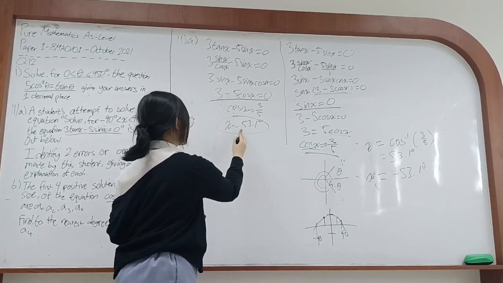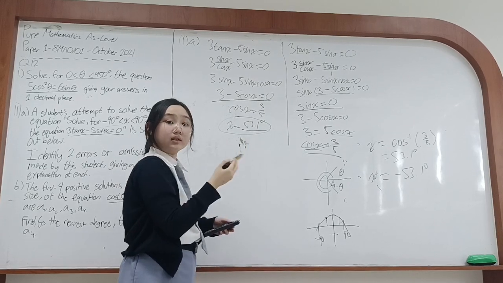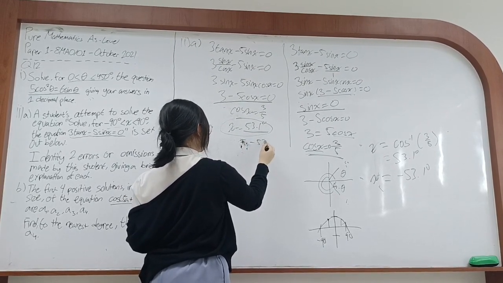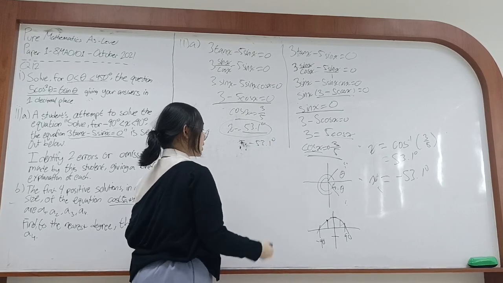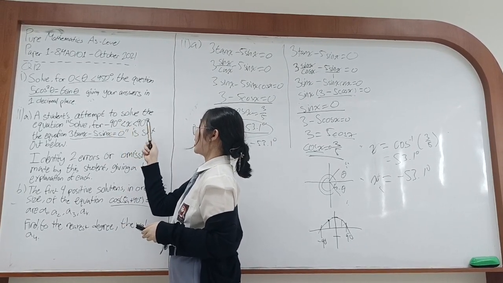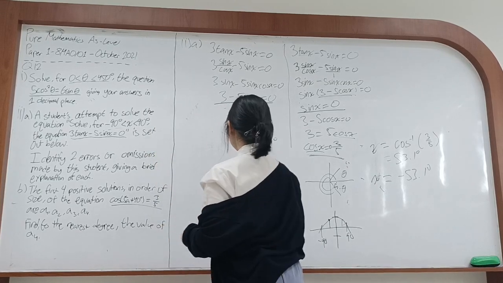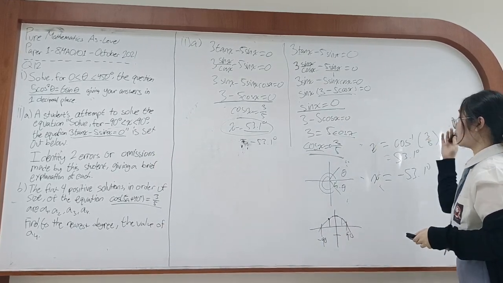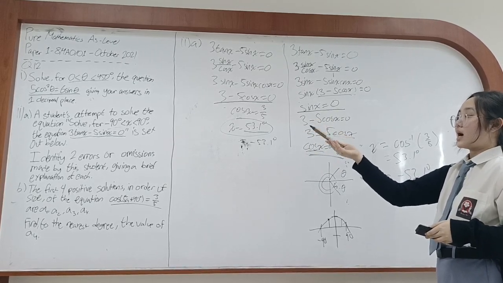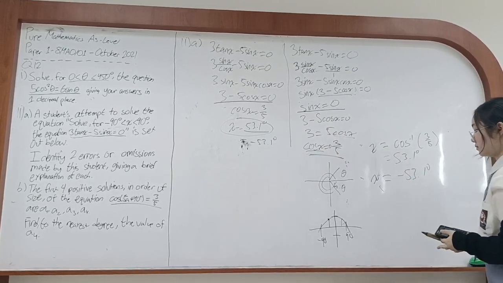But here we can see they only put 53.1 degrees, which means they have omitted negative 53.1 as well, since the question is asking for minus 90 degrees less than x less than 90 degrees. So this is what they have done wrong in part IIA.